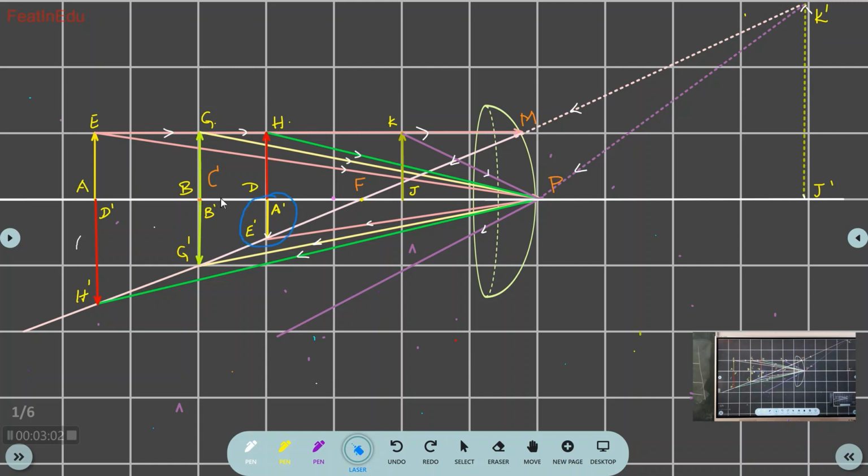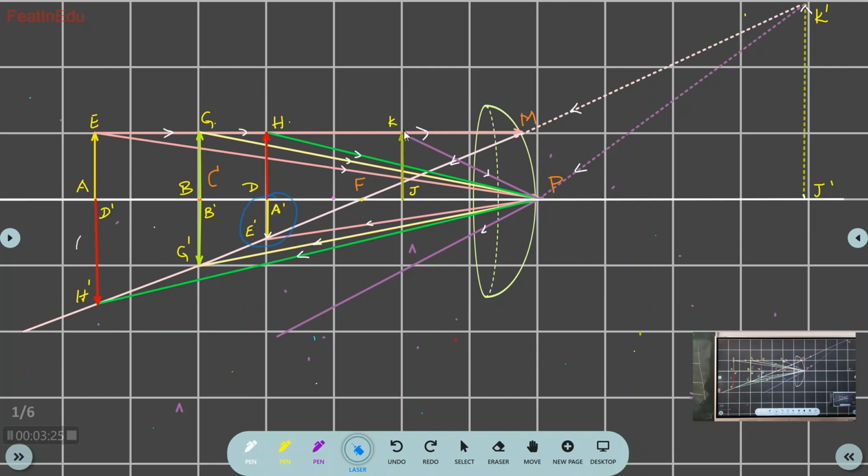Then we are moving it further closer to the mirror, and now I am naming the object as DH. Again, you see this ray parallel to the principal axis, the same ray is returning, and this green color ray, which is falling on the pole of the mirror, after reflection, it is going and you are getting the image. So that's how it is formed.